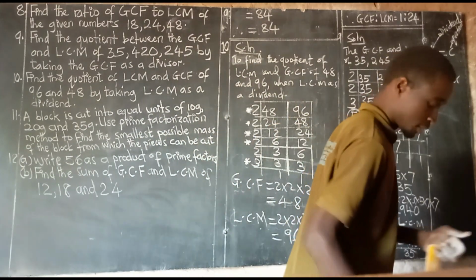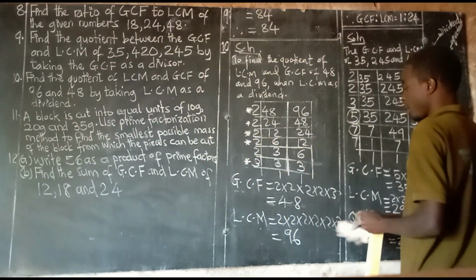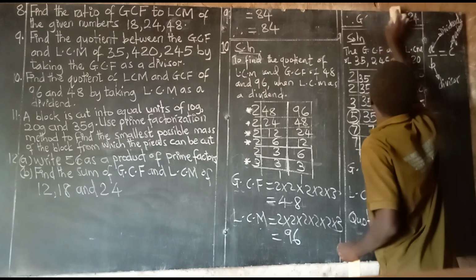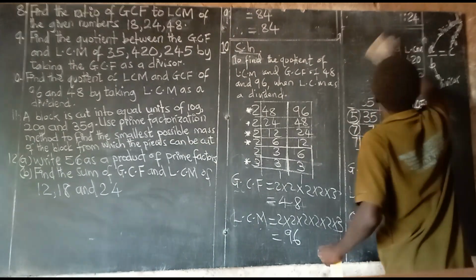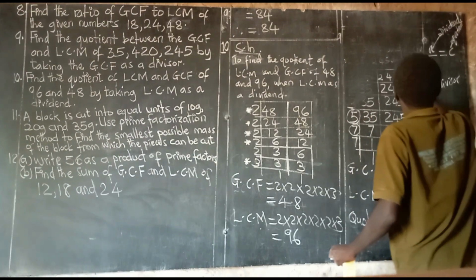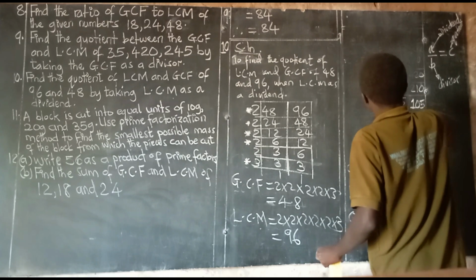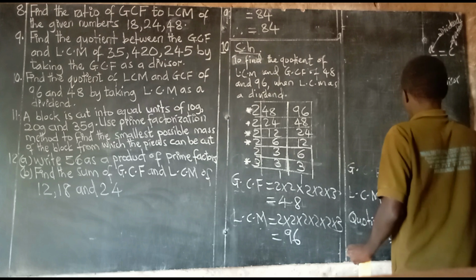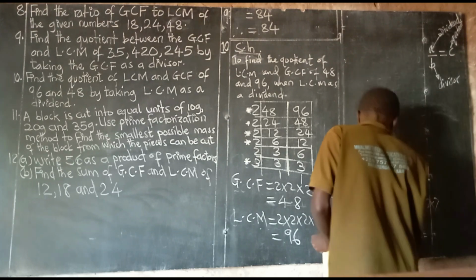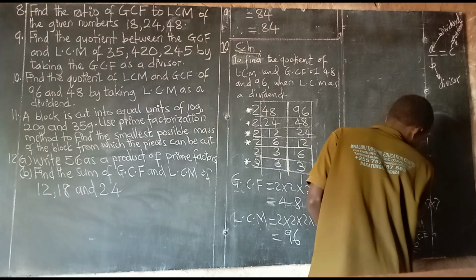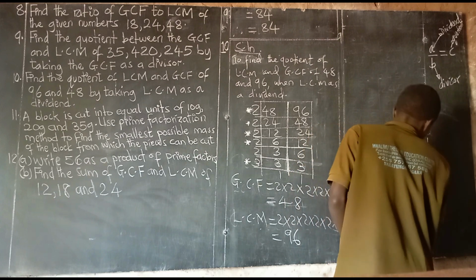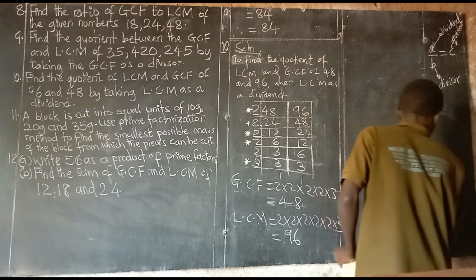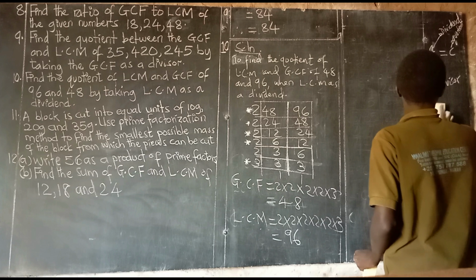If 96 is our LCM, now what is next? What is next is to do what we are told to do. We are told to find the quotient, by taking the LCM as a dividend.